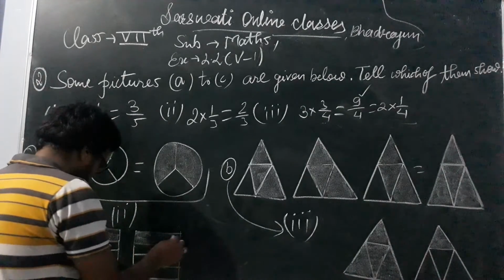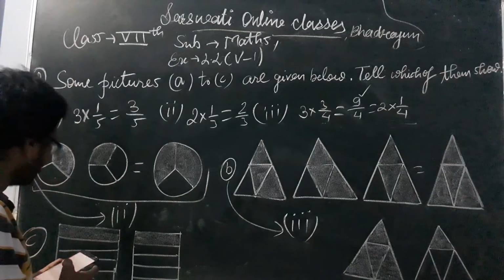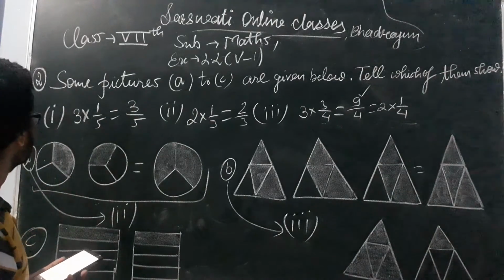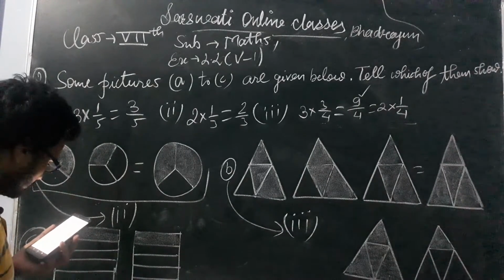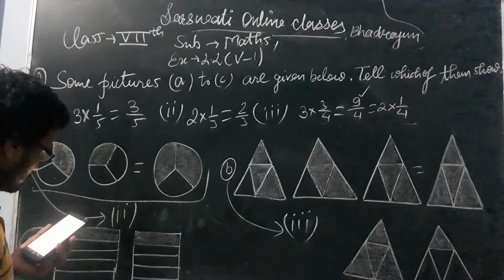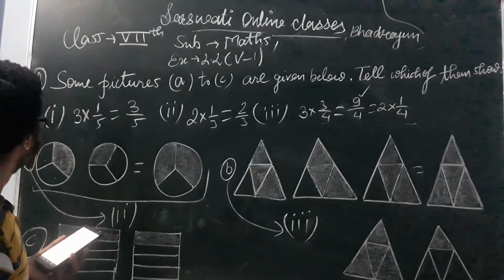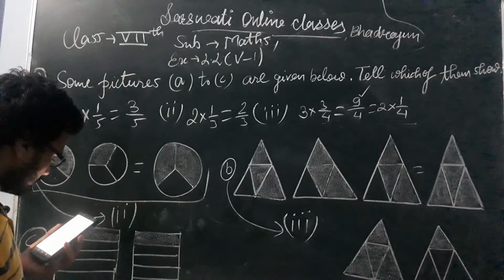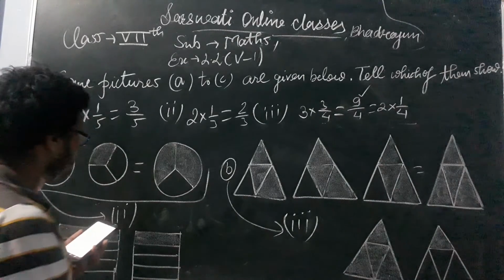And how many figures are there of this type? A, B, and this is A to C. Here we are seeing this is C1, this is second, and this is third.